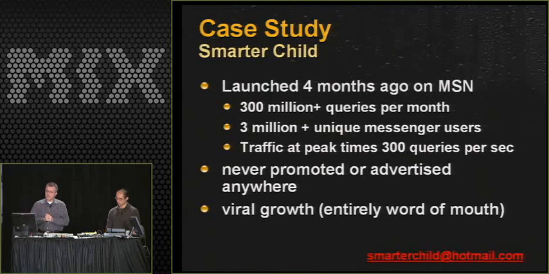So 4 months ago, we relaunched SmarterChild on MSN. 4 months later, we have 300 million plus queries per month coming in. We already have 3 million unique users in the user profile database. We're peaking at around 300 queries per second during the weekends.